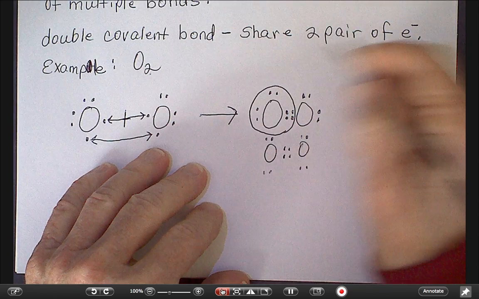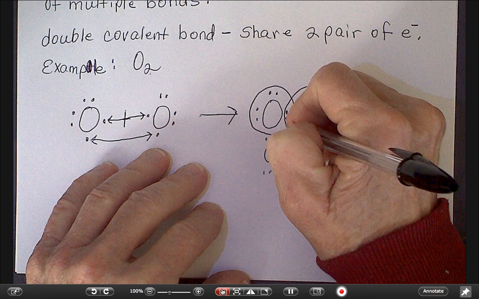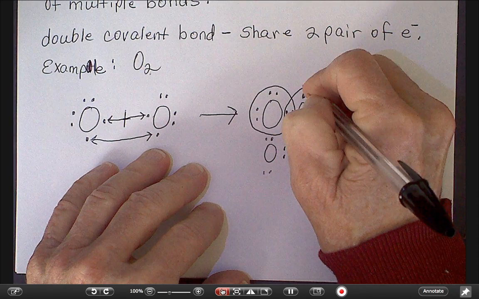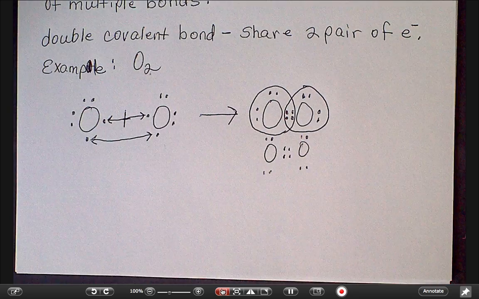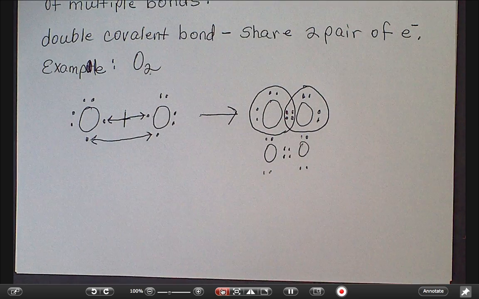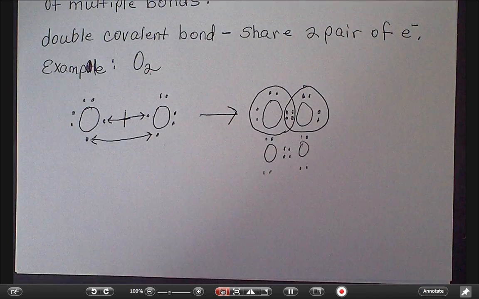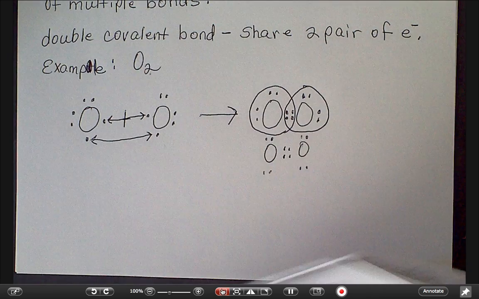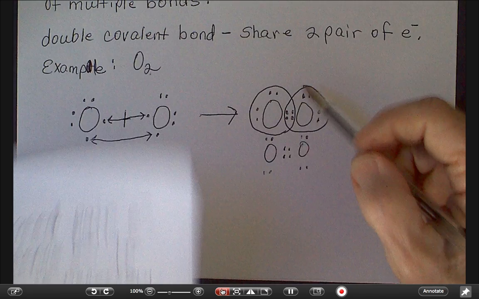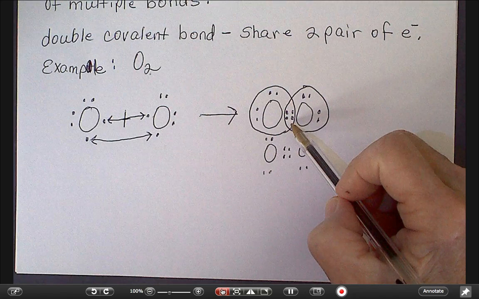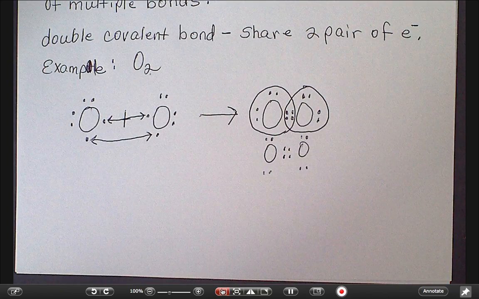And this is your second circle. Now, taking you back to yesterday, let me make sure that you can distinguish the difference. Inside the Venn diagram, how many shared pair do you see?